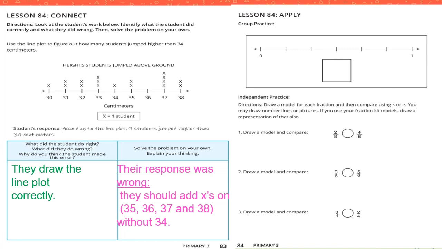Let's calculate. 35 we have 2 students. 36 we don't have any students. 37 we have 4 students. 38 we have 2 students. So 2 plus 4 plus 2 equals 8 students, not 9 students.